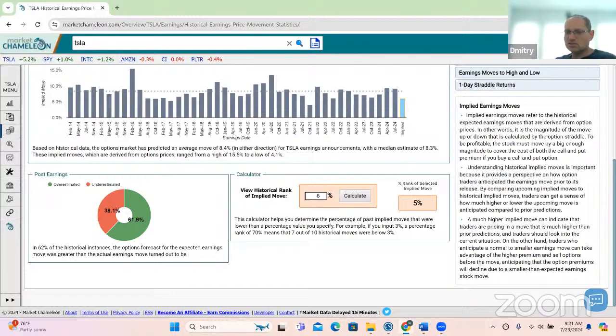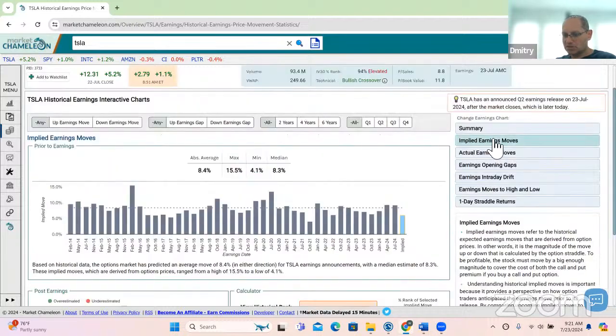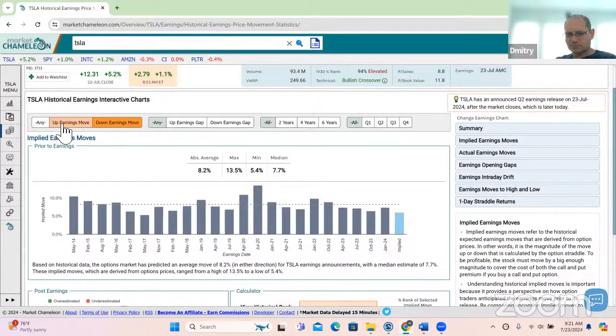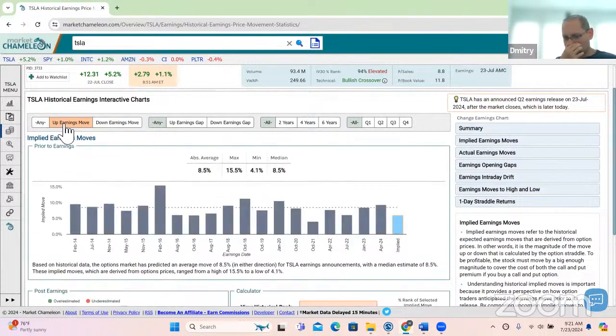All right, so that's what these implied moves are over here. Okay. We have some other, how was it? Just as a comparison, if we wanted to get an idea, well, when the move was actually up, did the straddle look different?